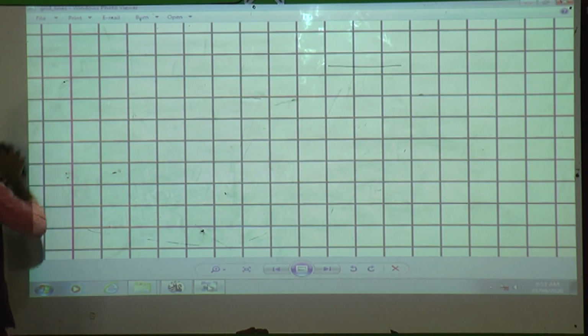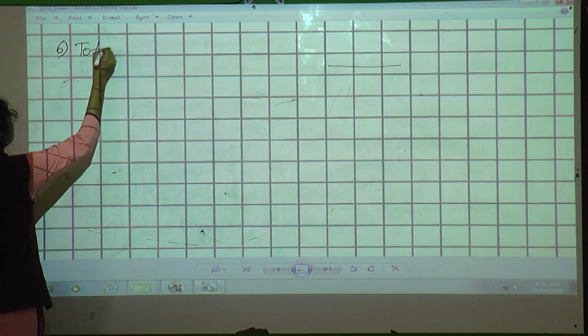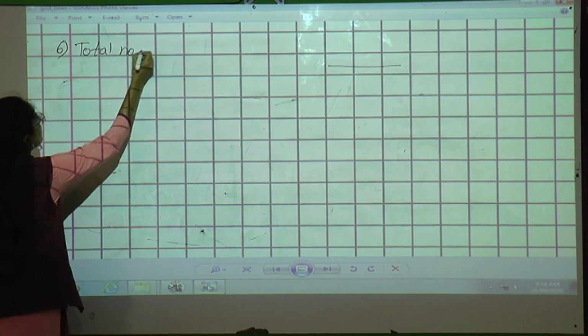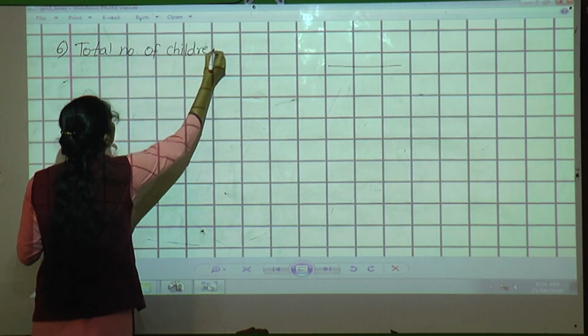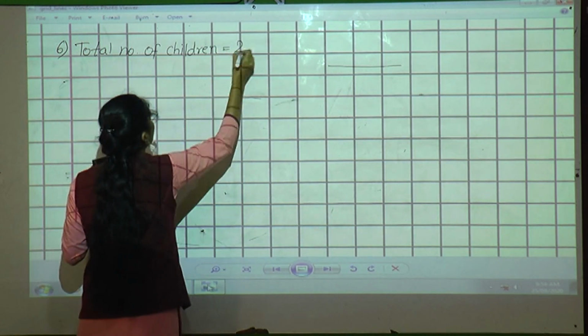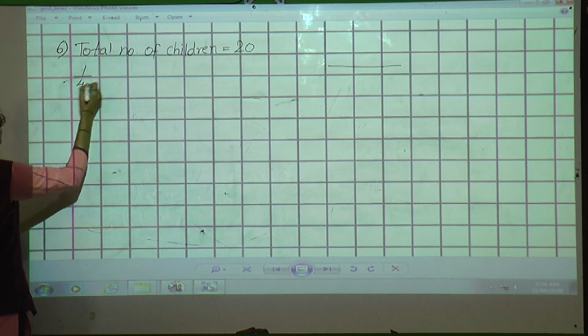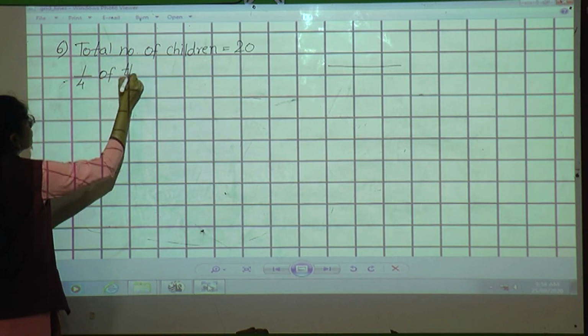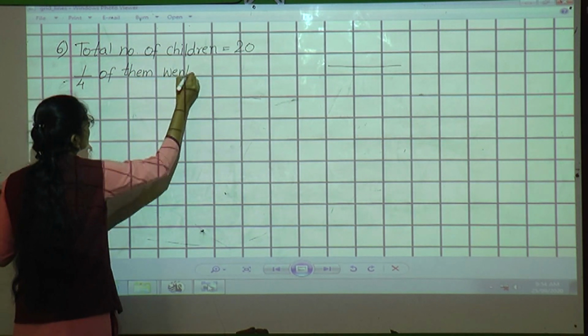First we will write here total number of children is equal to 20. Okay. Now 1/4 of them went home.